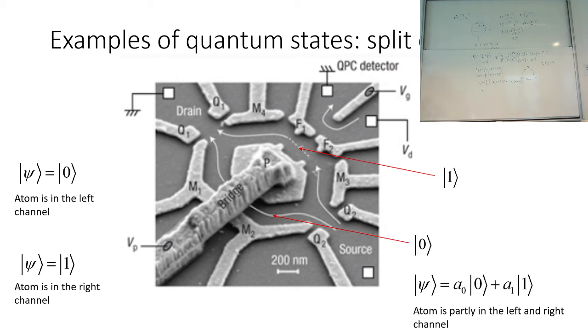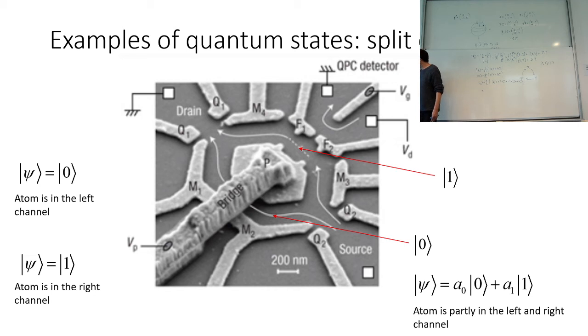According to quantum mechanics, it can be definitely left or definitely right, but it can also be in some other combination of these two states, with complex coefficients.